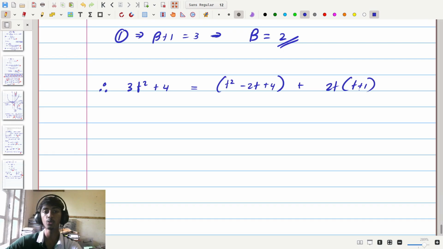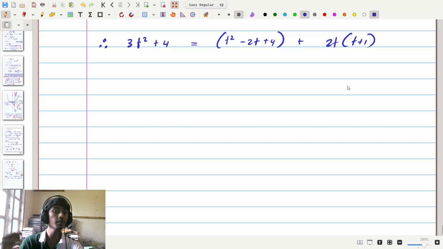Now what we can do is to divide everything by t plus 1 and t squared minus 2t plus 4. So if we do so, on the left hand side we're going to get 3t squared plus 4 divided by t plus 1 times t squared minus 2t plus 4.